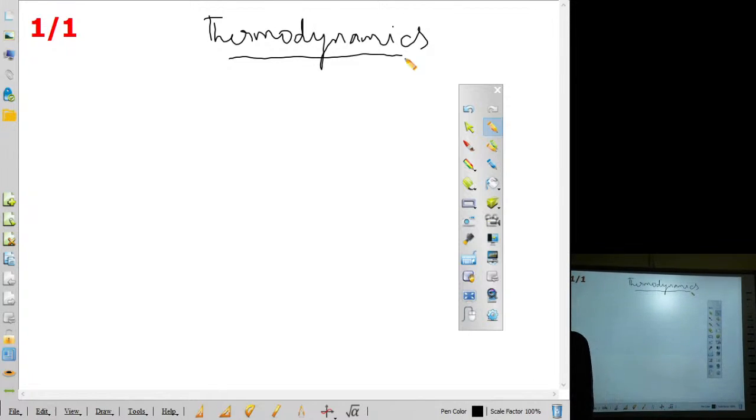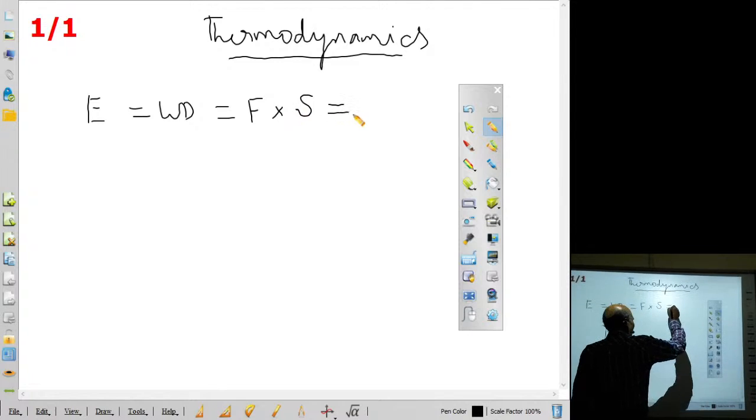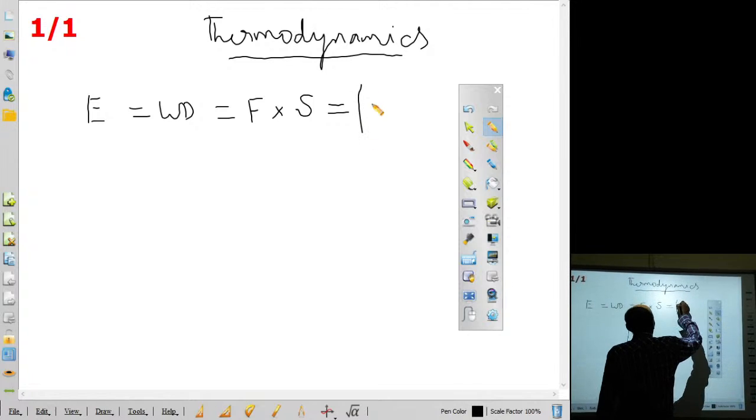Here what happens is that when energy is supplied, energy is equal to work done. Work done is equal to force multiplied by, we will use the symbol S for distance. And when it comes to liquids or maybe gases, this force will be equal to pressure multiplied by area.